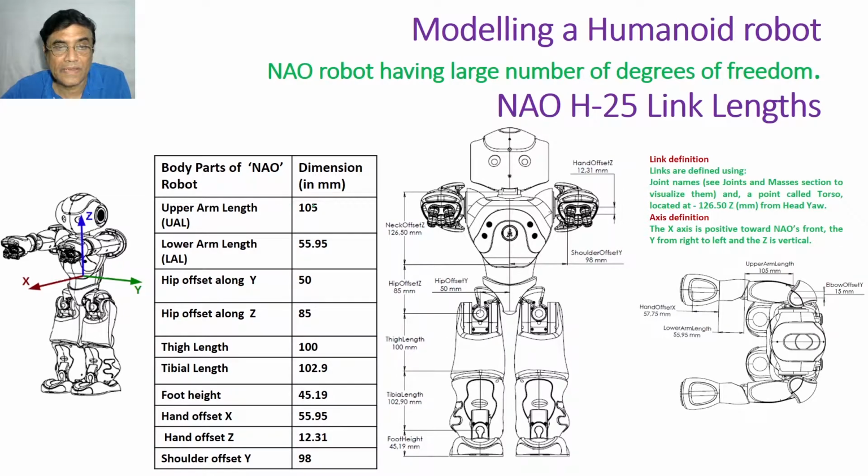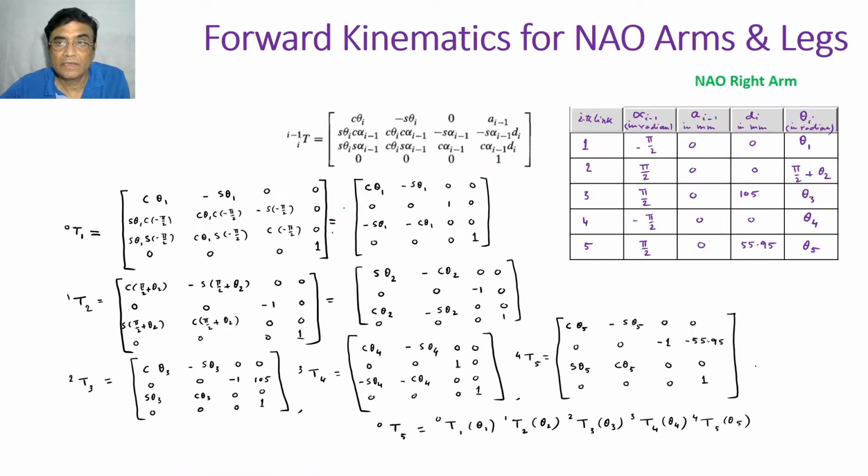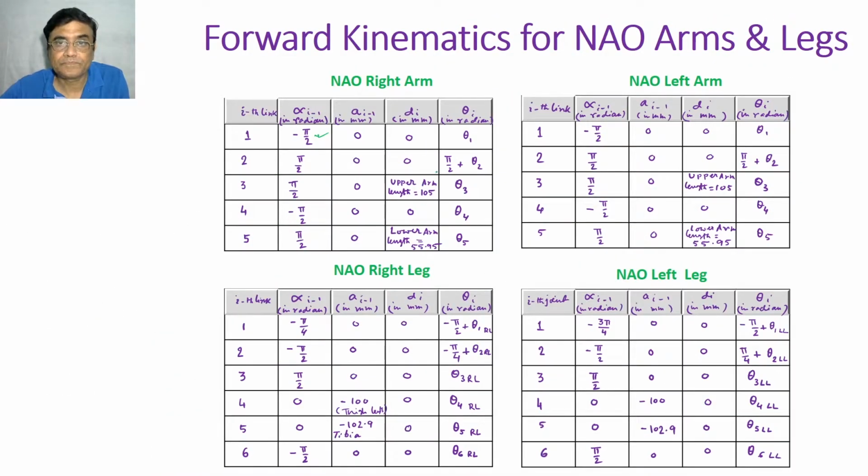So these are the upper arm length, lower arm length, and some offsets. You can also refer to this when you are drawing the DH table. So this is the Denavit-Hartenberg table for the right arm.